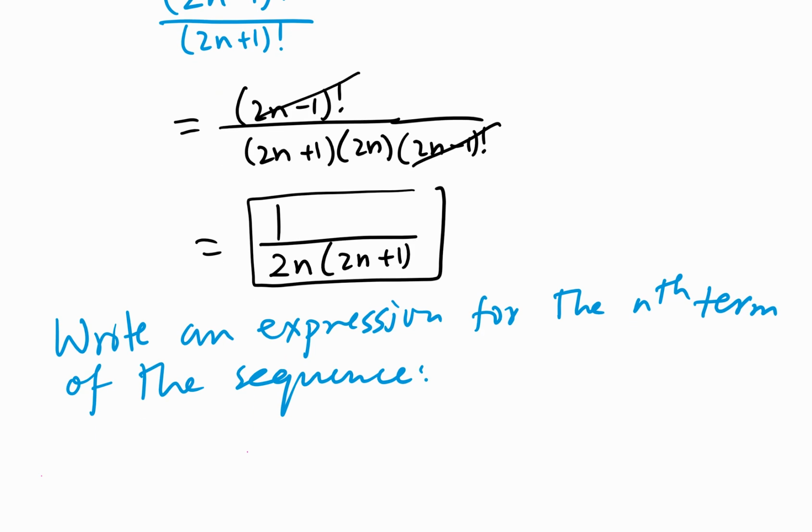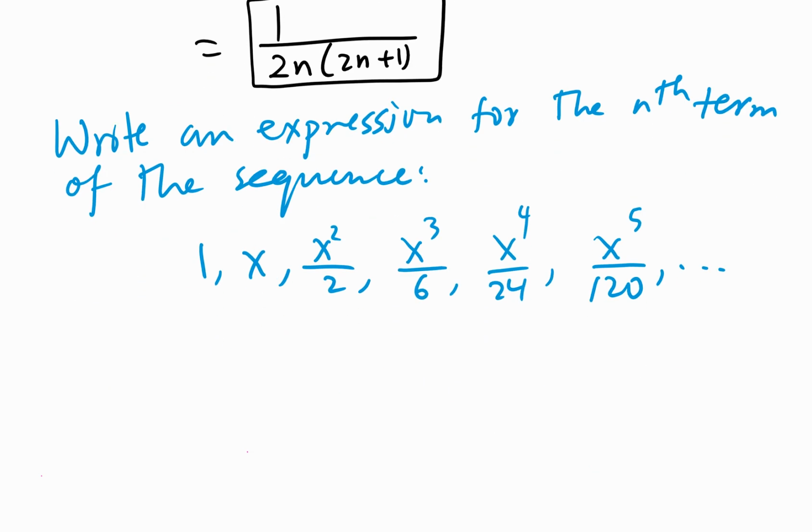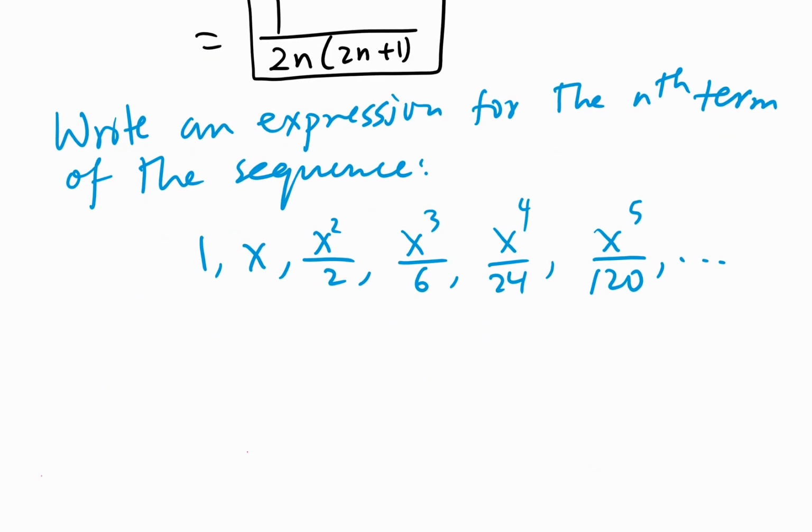Let's say 1, x squared over 2, x to the third over 6, x to the fourth over 24, x to the fifth over 120. Basically, we need to find a pattern here. So we want to find a_n.